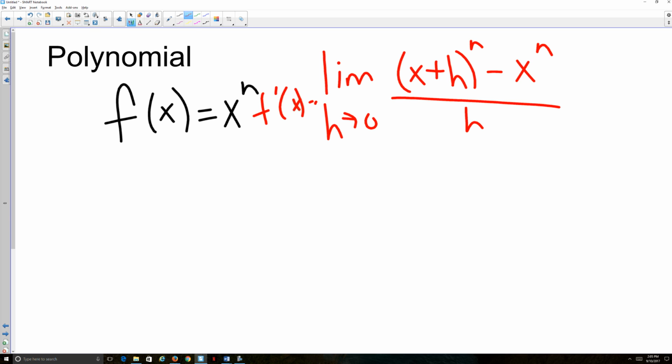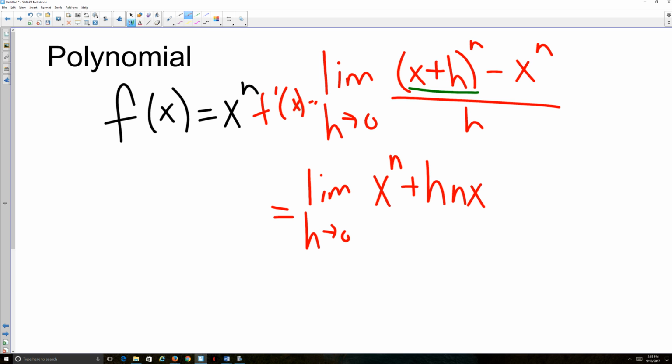Now, we don't know what this is, but I'm going to work out at least the first two, and it always is this. So the limit as h approaches 0. Well, x plus h to the n power has to be x to the n power plus, the next one has to be h n x to the n minus 1.